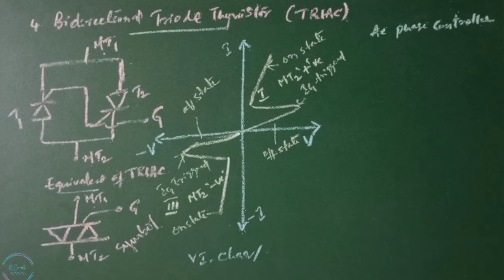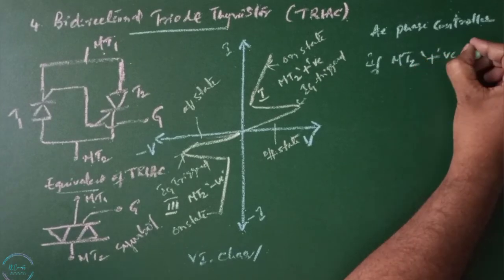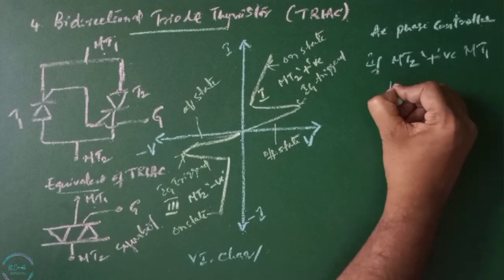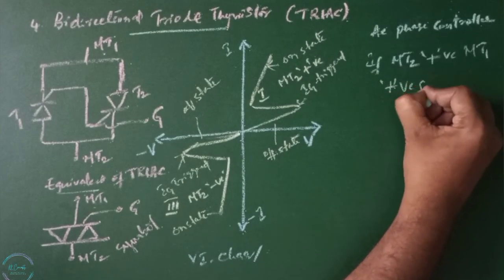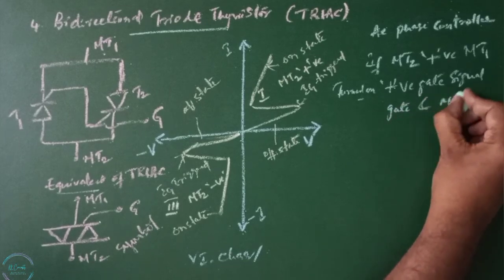So TRIAC is a bidirectional device. So we are not mentioning here anode and cathode, but we are mentioning this with MT1 and MT2. If MT2 is positive when compared with MT1, then the TRIAC can be turned on using positive gate signal between gate and MT1.